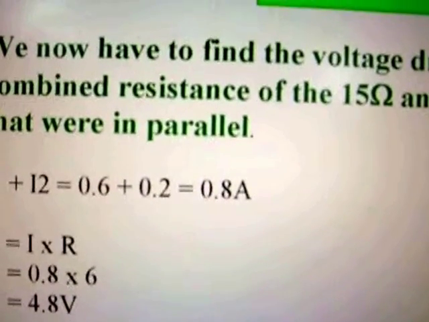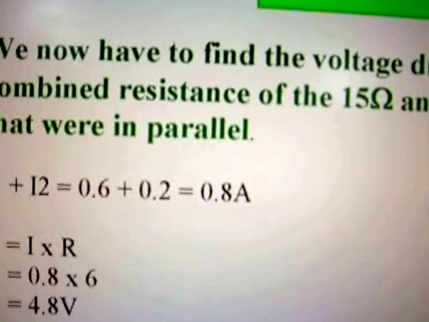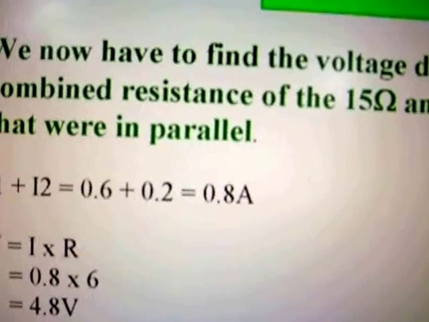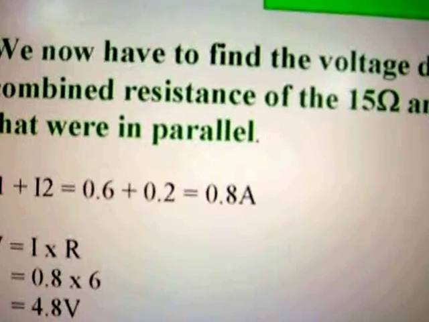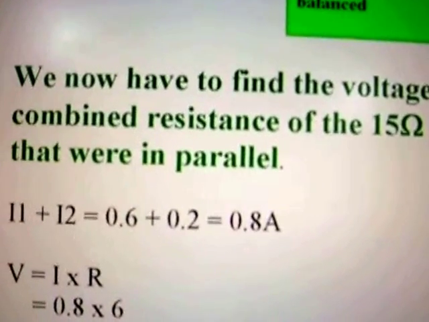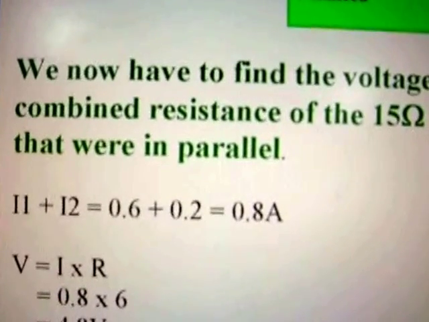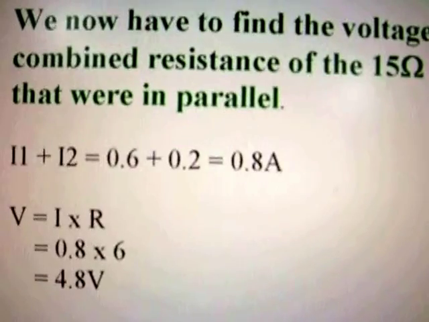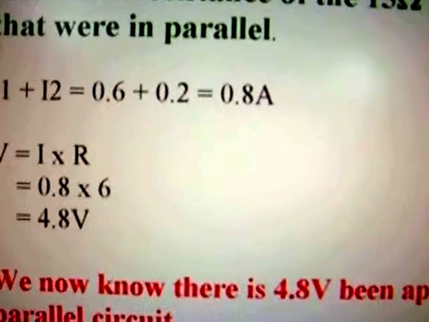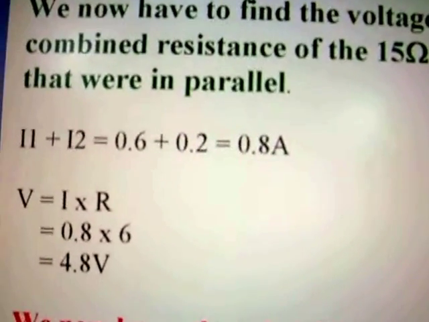So remembering that I1, the total current flowing, is I1 plus I2, and because I know it has worked out correctly earlier, it should now be 0.8 amps. So voltage V equals I times R, 4.8 volts across that parallel circuit. Now remember, it's the voltage across that parallel circuit.